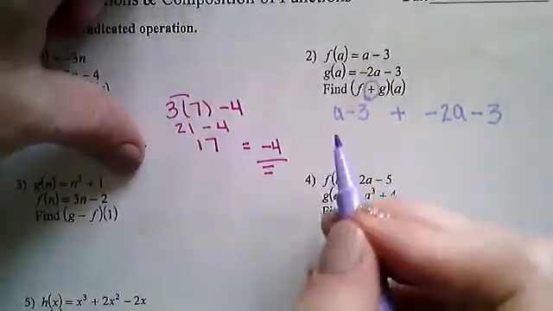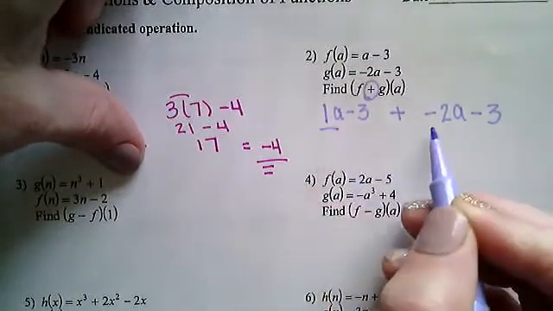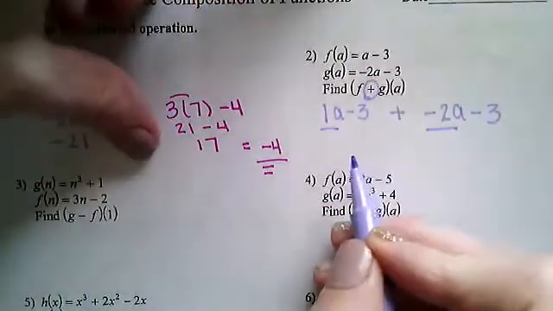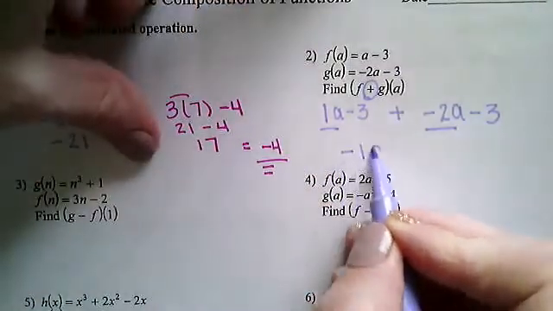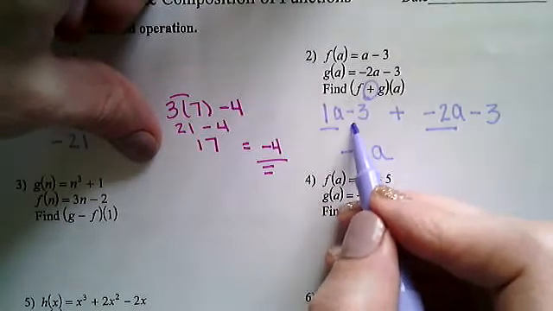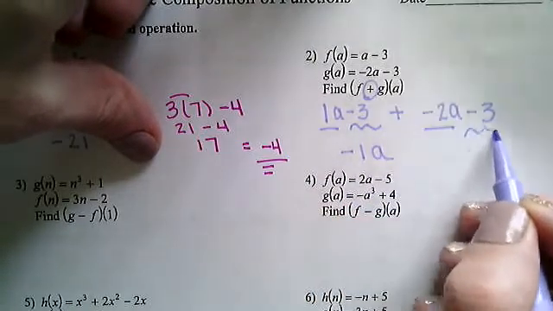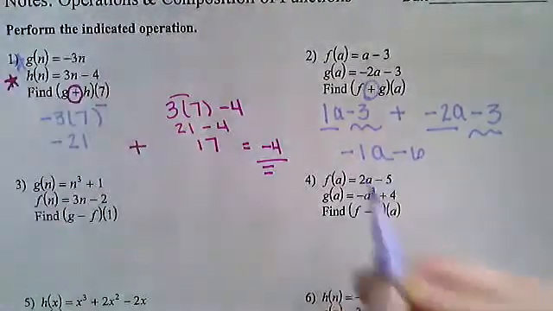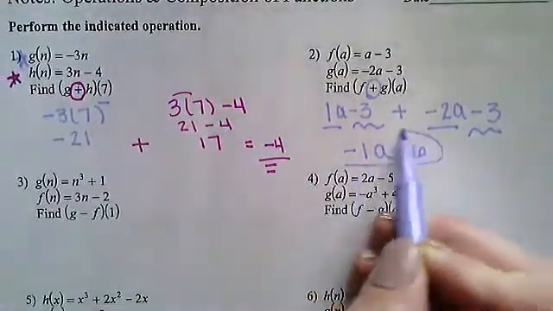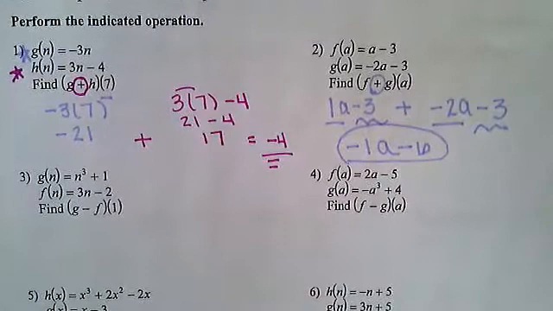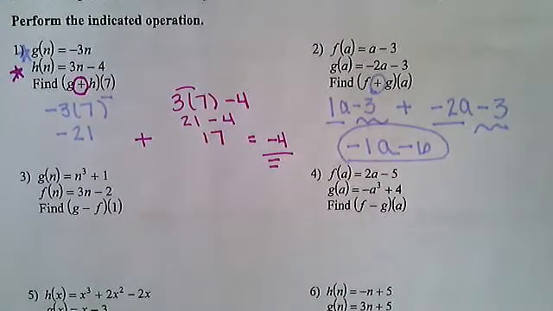So we'll look for any like terms. We have an invisible 1 over here. So 1 minus 2 is -1a. And a -3 and a -3 is a -6. So your final answer is just going to be an expression if there's a letter.